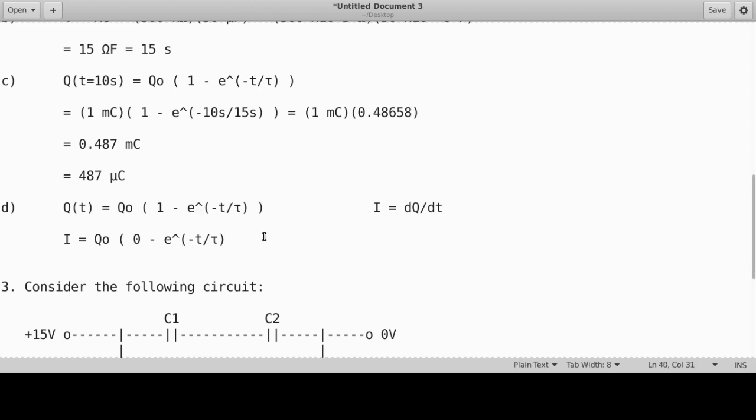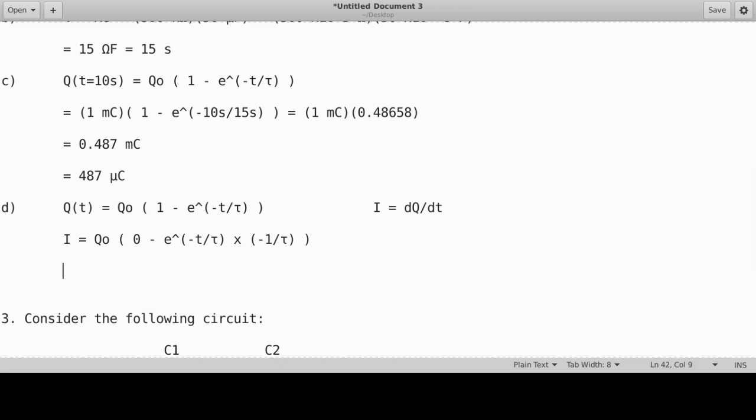Okay, but we're not quite done, because yeah, it's the exponential, but then you have to use the chain rule and differentiate this with respect to t and multiply it by that. So you get this multiplied here like that, but you have to differentiate this with respect to t, and so you just get this.